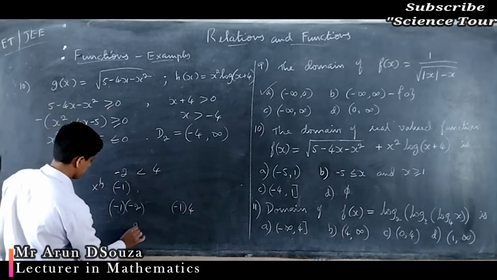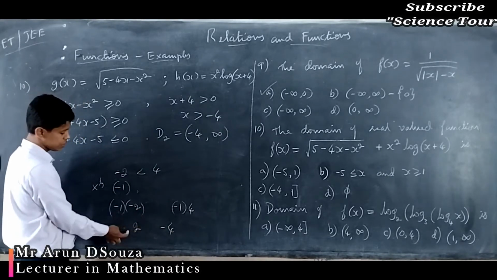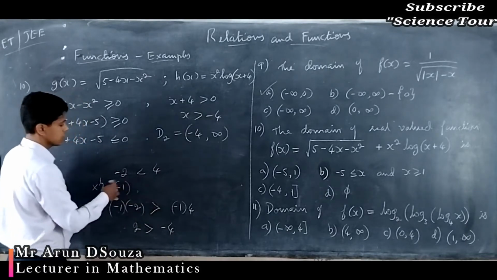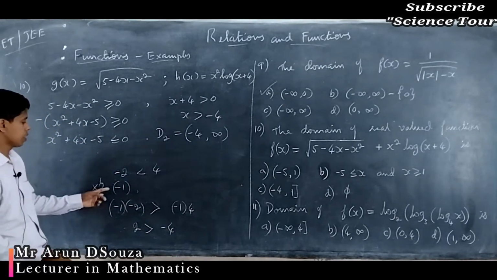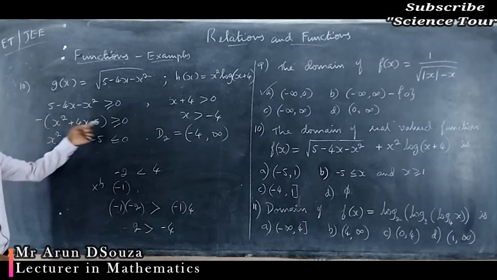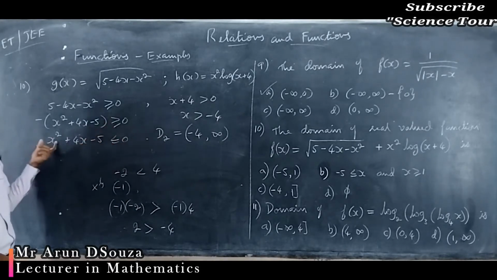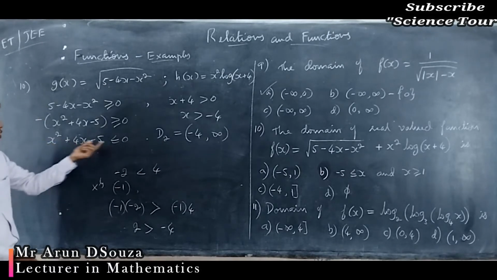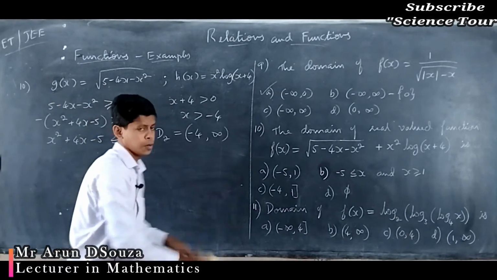So this is 2 and this is minus 4. Now what is the sign you will put? Which is greater? 2 is greater, right? Minus 4 is less. So this is greater. Inequality reverses. Inequality changes if you multiply by a negative number. Here what are you doing? Multiplying by minus 1. Minus 1 into 0 is 0 itself, but still this becomes positive, right? So negative becomes positive. So change the inequality. That's the rule of inequality.